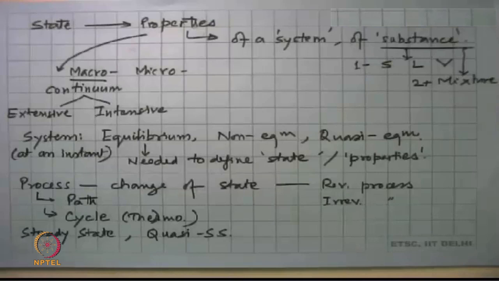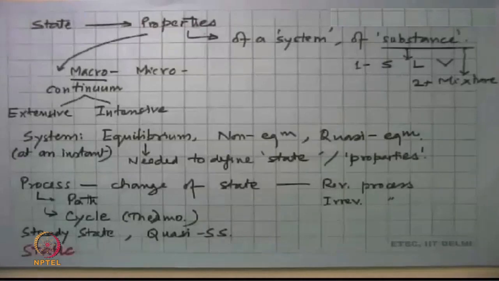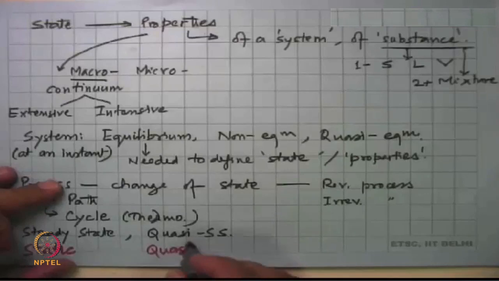Okay, so that's where we left yesterday. And now we pick up from here. One of the questions that came was, well, what is a static system or a quasi-static system? And in some sense, it is the same as being in steady state, although the meaning of a static system goes beyond thermodynamics, even to say mechanics. And so a system where there's a very small change over a period of time, that we call a quasi-static system.